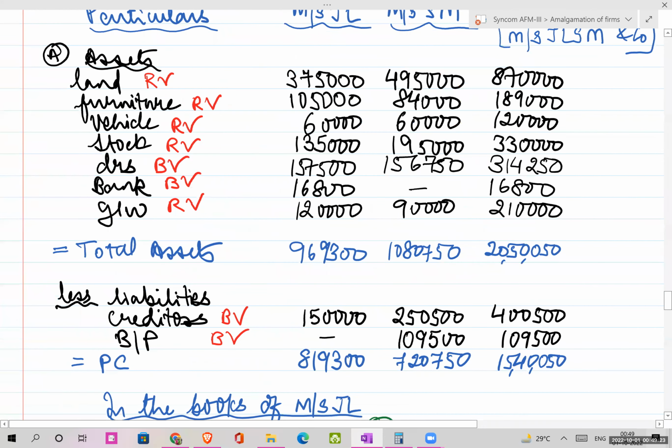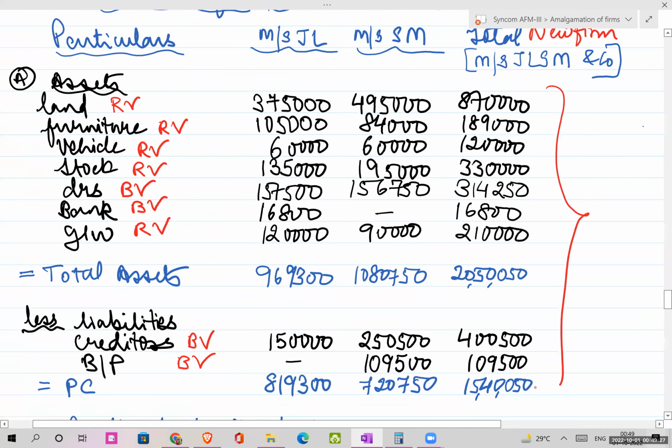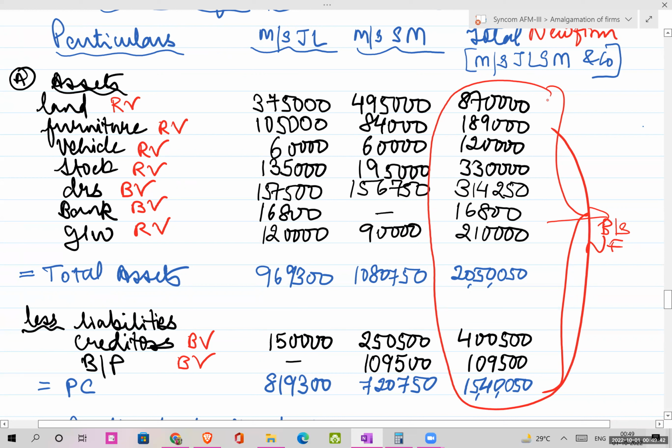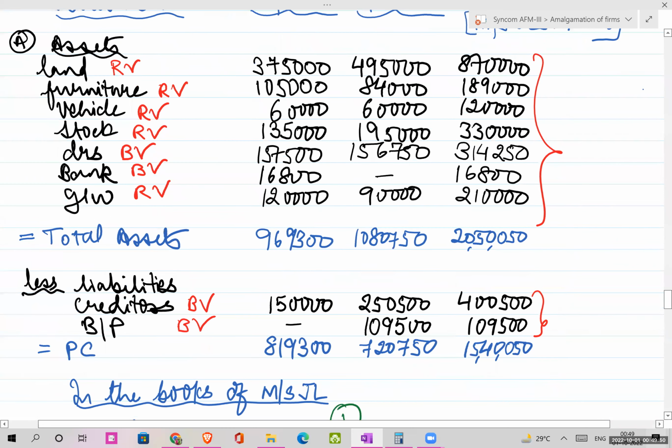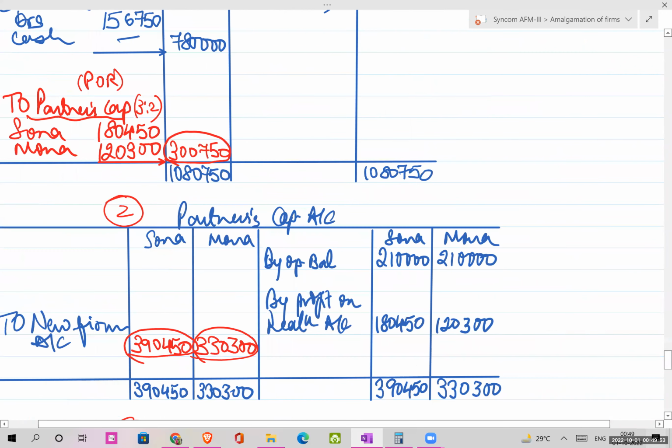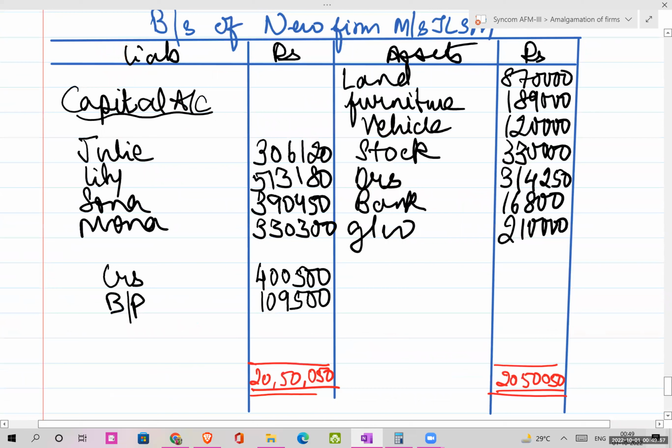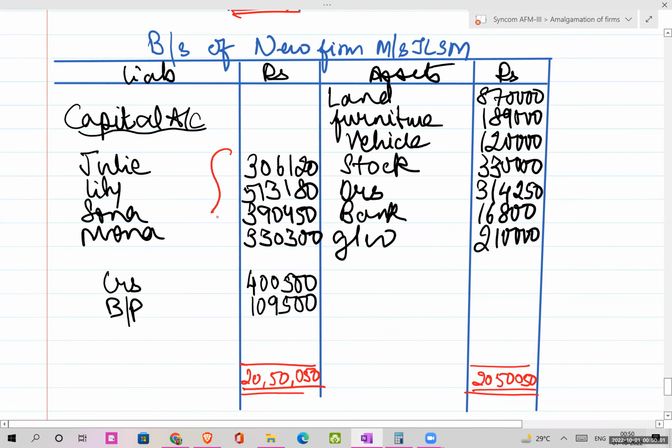PC calculation में मैंने आपको बोला था कि हम ये टोटल कॉलम एक्स्ट्रा बनाएंगे. क्यों? बिकॉज ये हमको हेल्प करेगा इन द बैलेंस शीट ऑफ न्यू फॉर्म. जब हम न्यू फॉर्म का बैलेंस शीट बनाएंगे तो हम वापस से फिगर्स को टोटल नहीं करेंगे, ये जो यहाँ से आंसर मिल गया है ना, इसी को कॉपी पेस्ट करेंगे, ठीक है. तो ये पूरा का पूरा कॉपी होगा और ये भी कॉपी होगा, ठीक है. सो सी द न्यू फॉर्म का बैलेंस शीट ये, ओके. और ये सब कहाँ से मिला, पार्टनर्स कैपिटल, जो भी हमने बैलेंस कैलकुलेट किया वहां से, ओके. और ये तो पीसी में था और ये भी पूरा पीसी कैलकुलेशन में था. सुपर कूल.